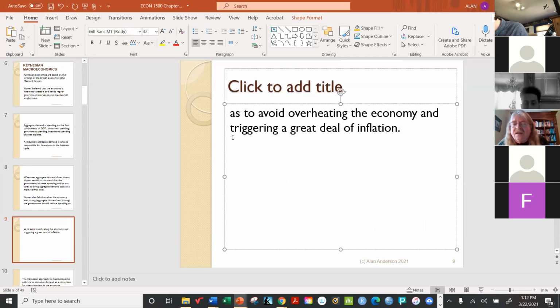In other words, after he died, all the politicians who got elected to government calling themselves Keynesians, they thought that their number one job was to always increase government spending no matter what was going on in the economy.